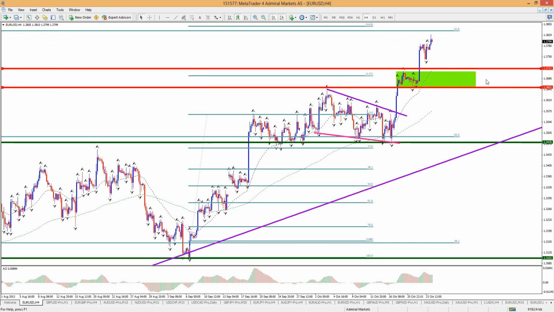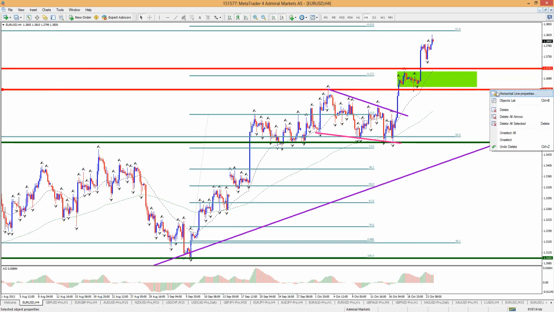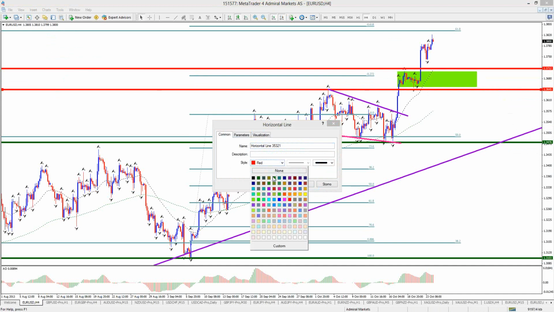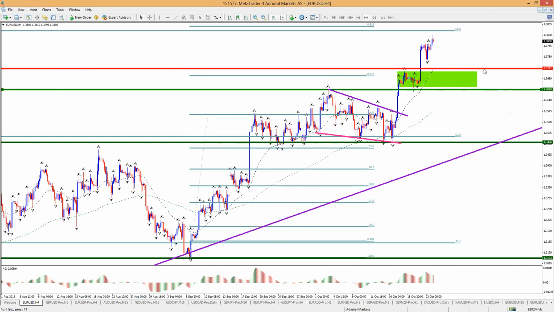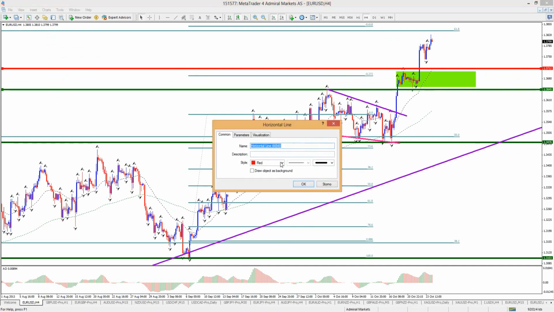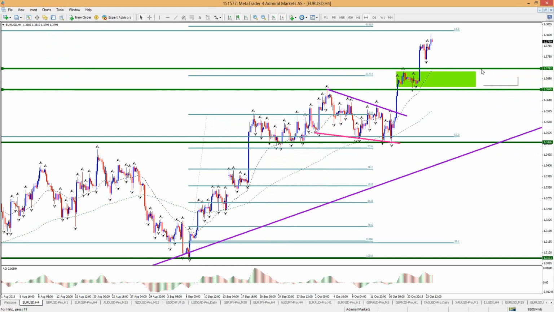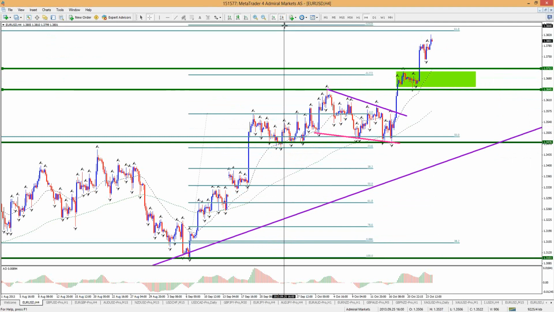All right, I made a green box out of that. So you can see the light green box indicating the supply-demand zone there. Let's see, other resistance levels could be, for example, this minus 618 at around 138.50 potentially.